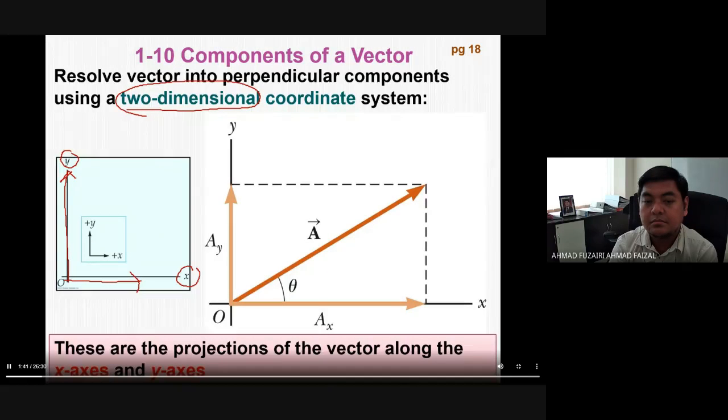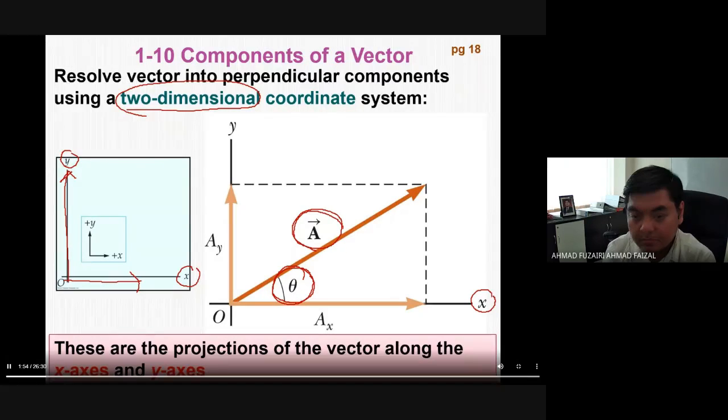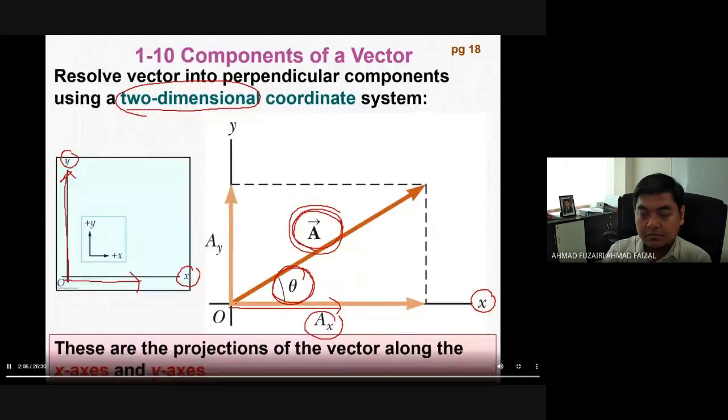When you look at this diagram, you have a vector A at an angle theta with respect to the X axis. If you want to find the components of vector A, you have two components: the horizontal one is the AX component, and the vertical one is the AY component. These are the projections of the vector along the X axis and the Y axis.